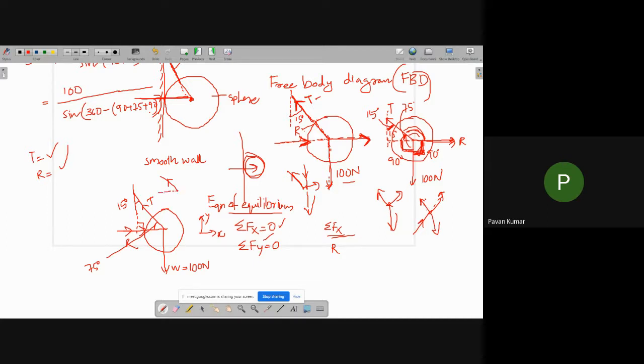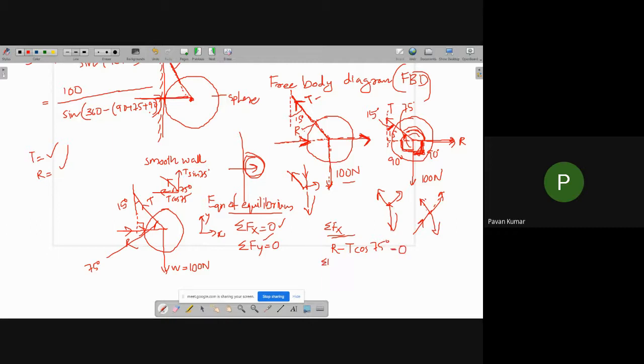The y component will go like this and the x component will go like this. This is 75, so this component will be T cos 75, and this component will be T sin 75. T cos 75 is going towards the negative x, so minus T cos 75. There is no other component, so equal to 0.